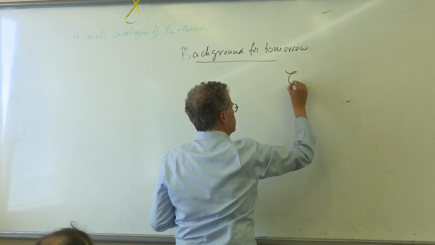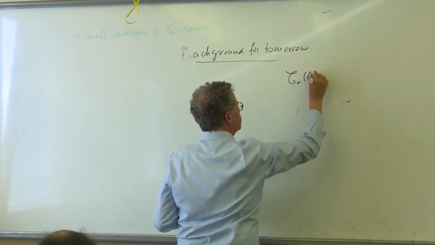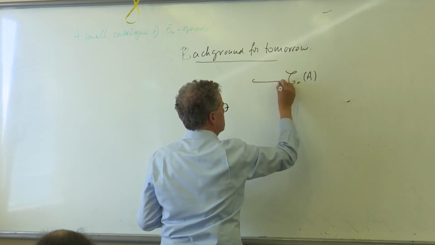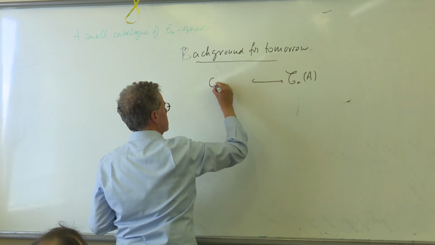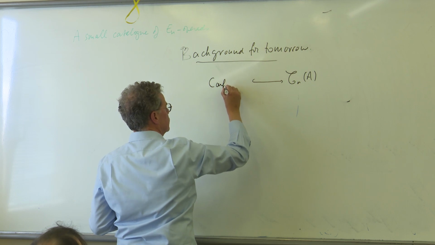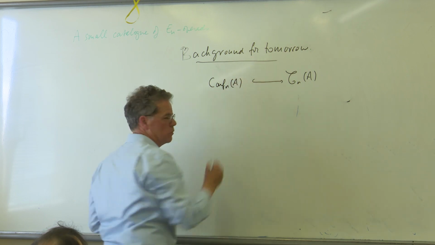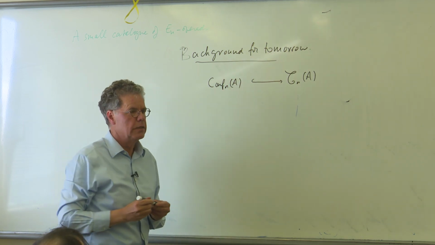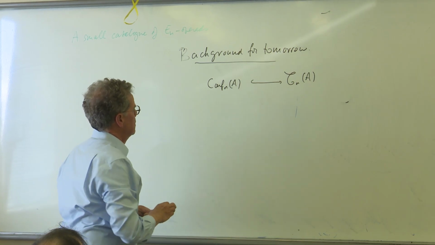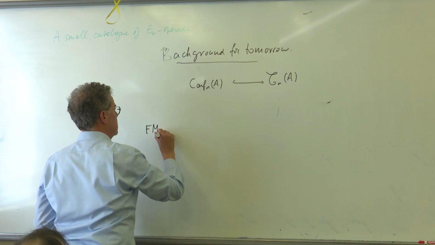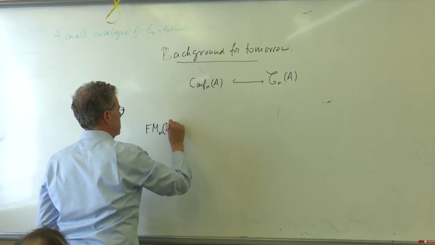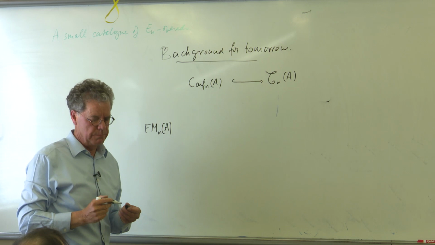So we have this C_n of A, and we could take the centers of the cubes, or we could enlarge points to little cubes to get a configuration space, Conf_n of A. And this Fulton-McPherson FM_n of A is a compactification of this space.